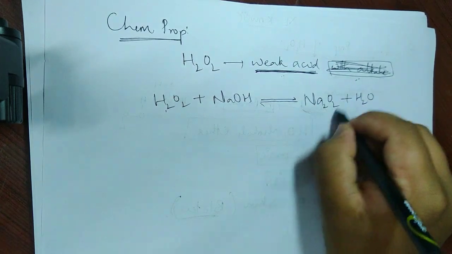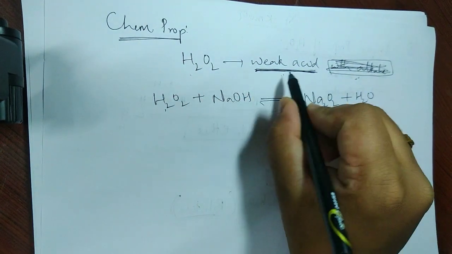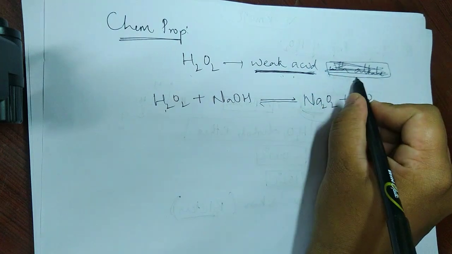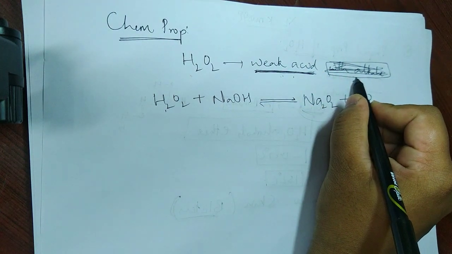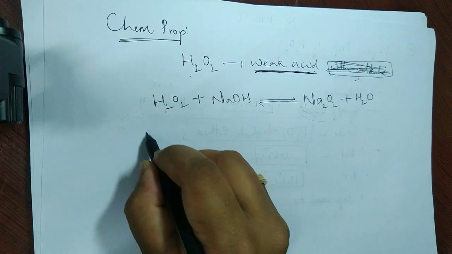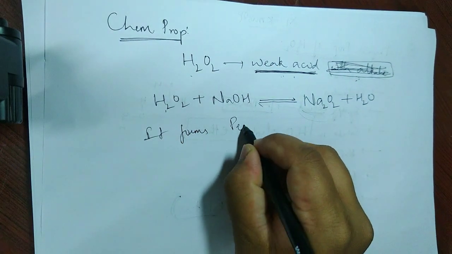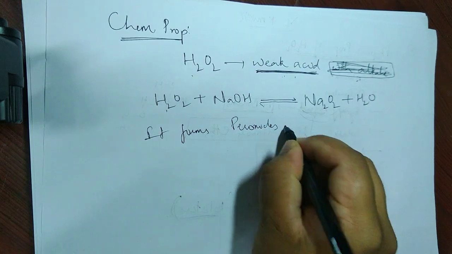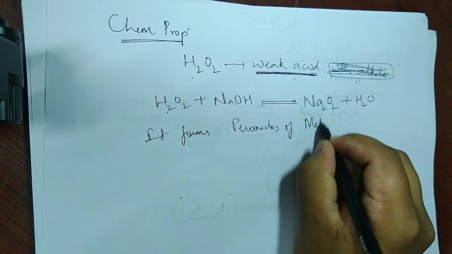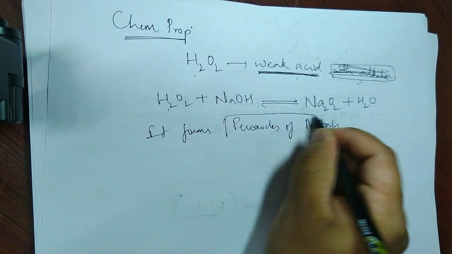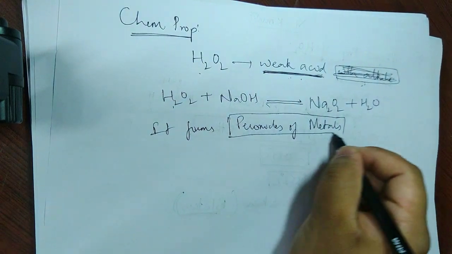Not the salt but peroxides. So H2O2 is a weak acid, and with alkalis it forms peroxides of the respective metals.